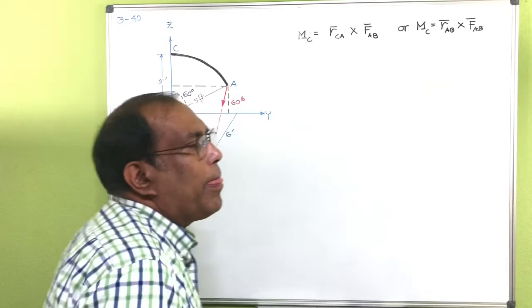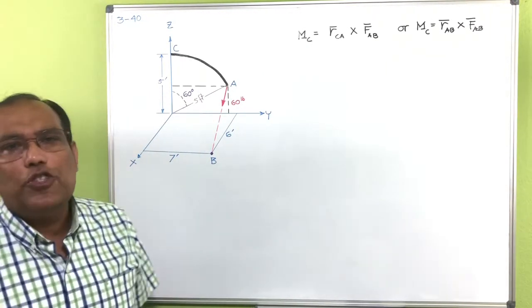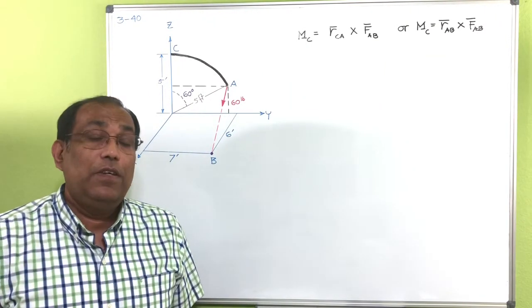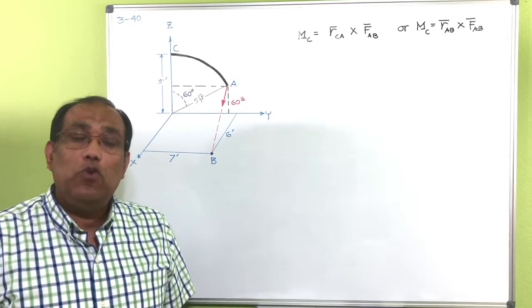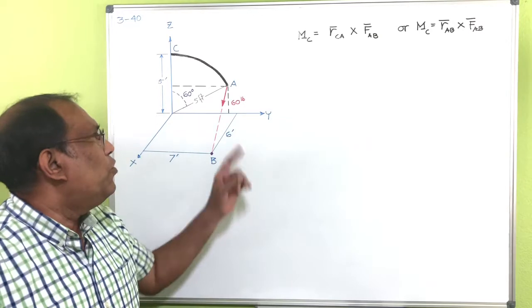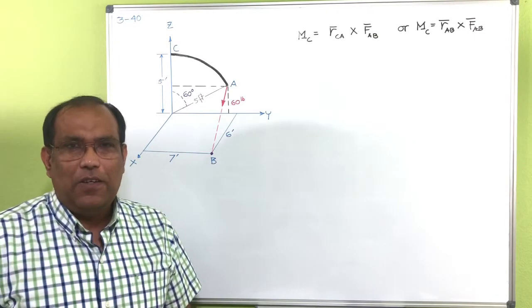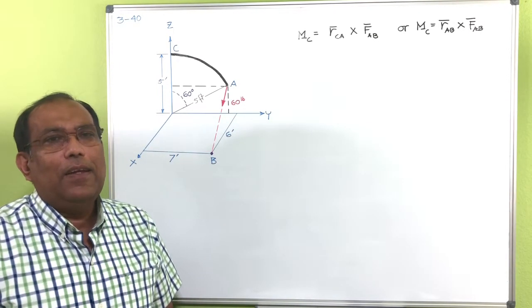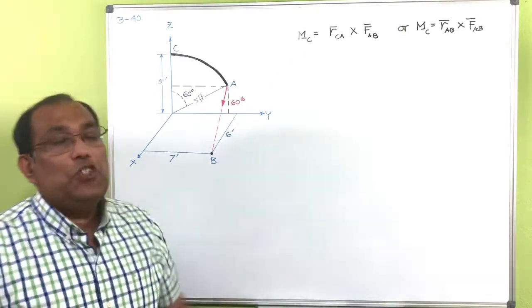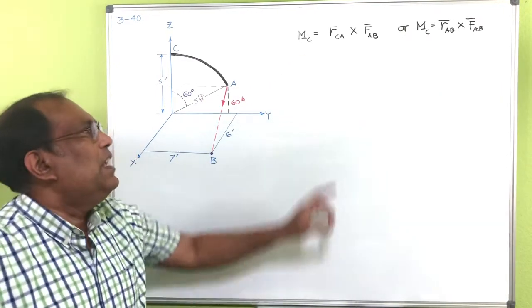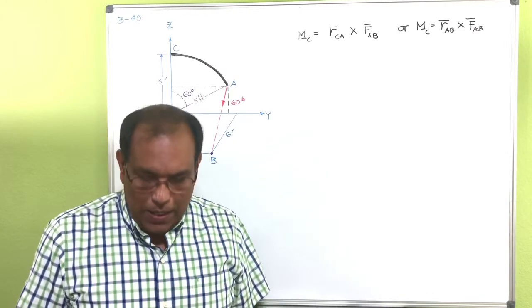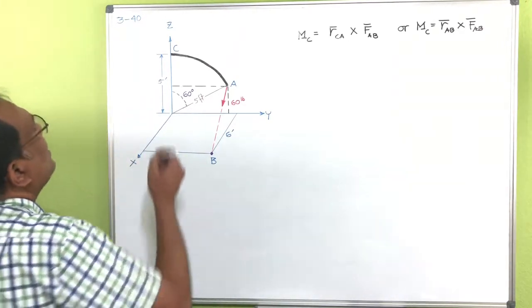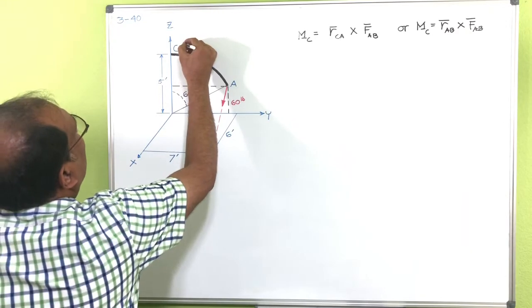Okay? Now you can see here the force is not given in terms of a Cartesian vector, so we have to change that force into a Cartesian vector. And then we have to write the position vector for either RCA or RCB, right? To do that, the first thing would be to find the coordinates.